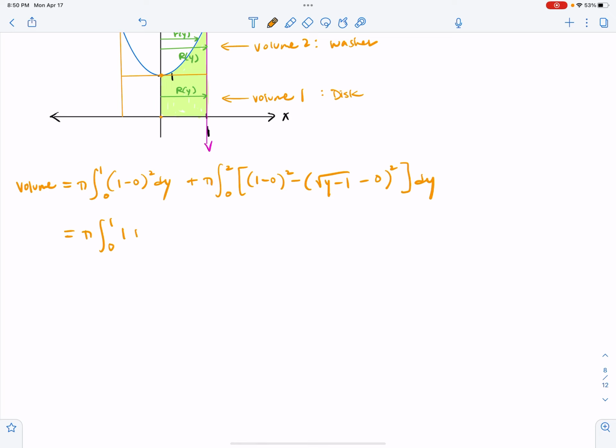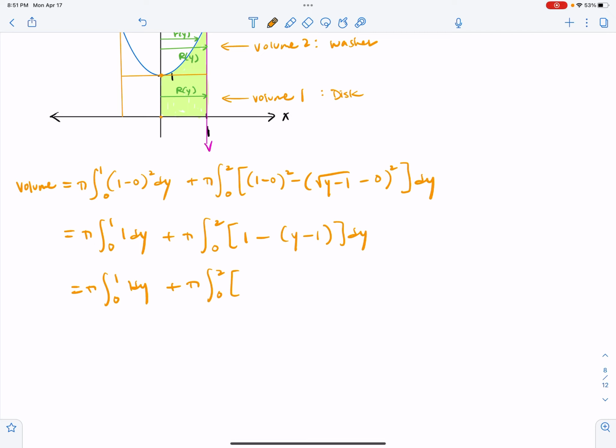And then this would just end up being integrating 1. I think this is a calculator active question. But just to simplify, this would be 1 minus the quantity y minus 1, dy, and then that would be 2 minus y dy.